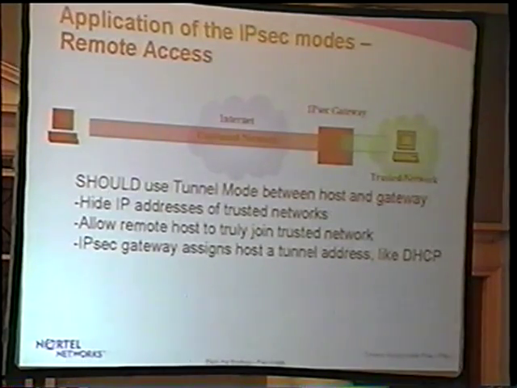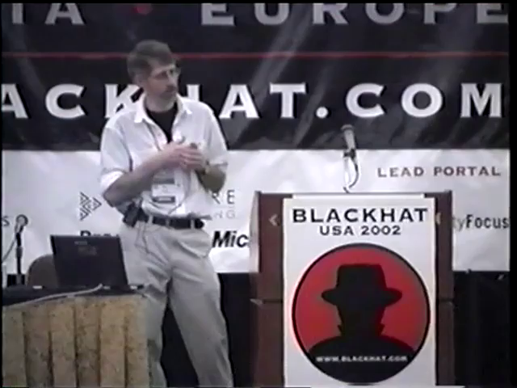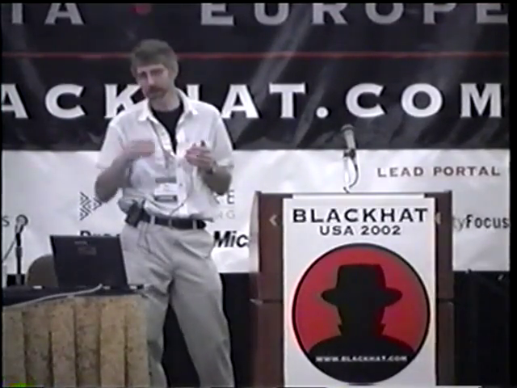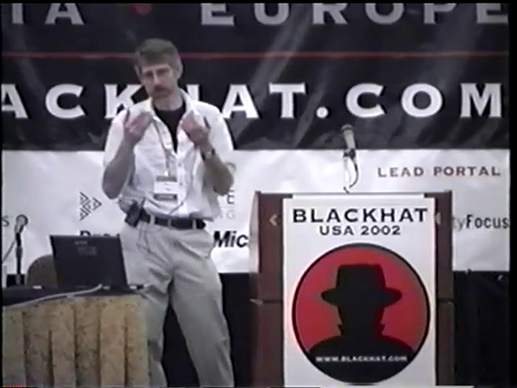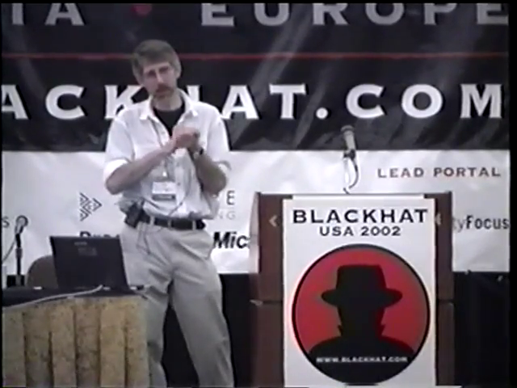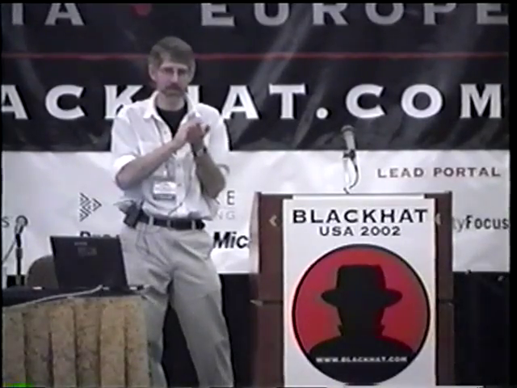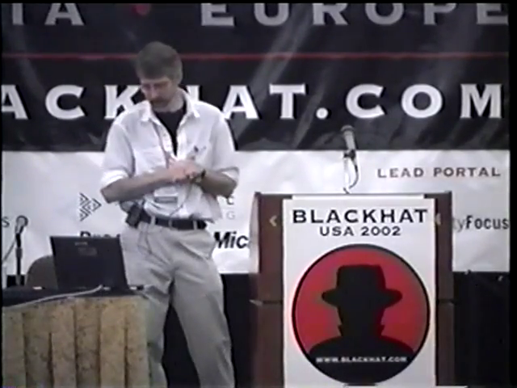In other words, it can become a full member of the trusted network, send and receive packets as if it were located on the trusted network, if it's using tunnel mode and has an internal address that is compatible with the trusted network. It would then use a tunnel encapsulation, use its real IP address or its external IP address as the encapsulating address there.